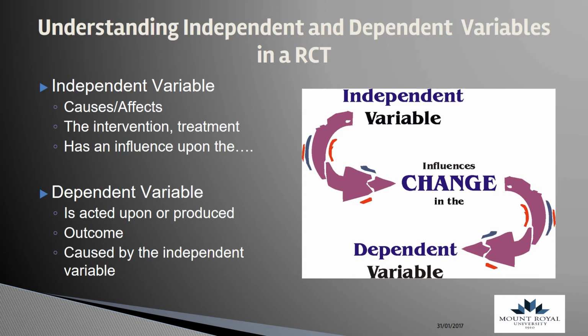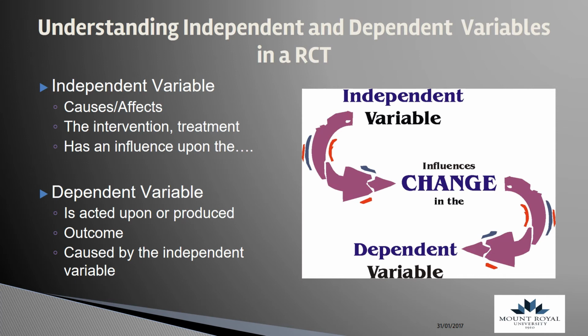So if we were looking at the impact of a social support program on quality of life in patients with congestive heart failure, the independent variable is the treatment program, and the dependent variable would be a measurement of quality of life.